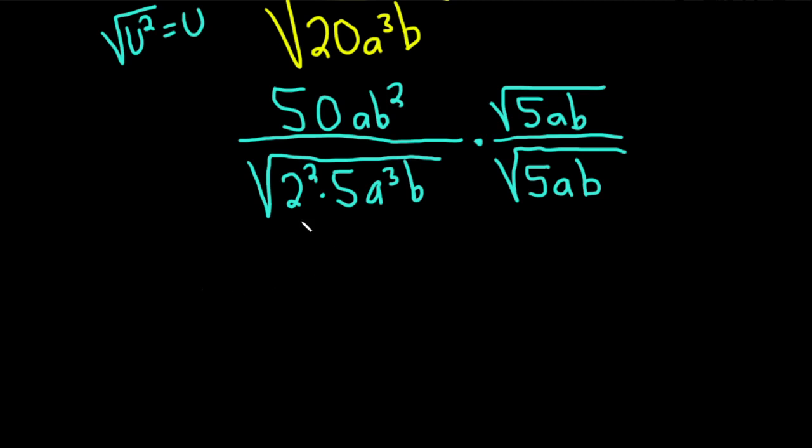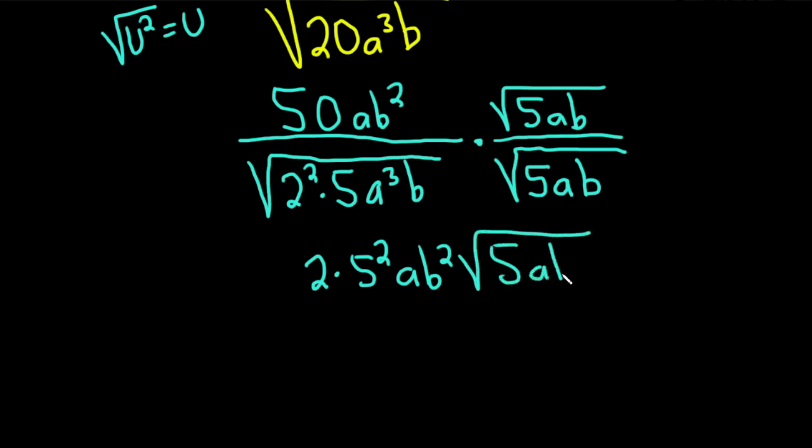So this is equal to, so in the numerator, we're still going to have all of this. Okay, so I'm going to go ahead and just break this up a little more, the 50, just in case we need it. 50 is 2 times 25, which is 2 times 5 squared. And then we have ab squared square root 5ab, because I think we're going to get some stuff on the bottom that might cancel.